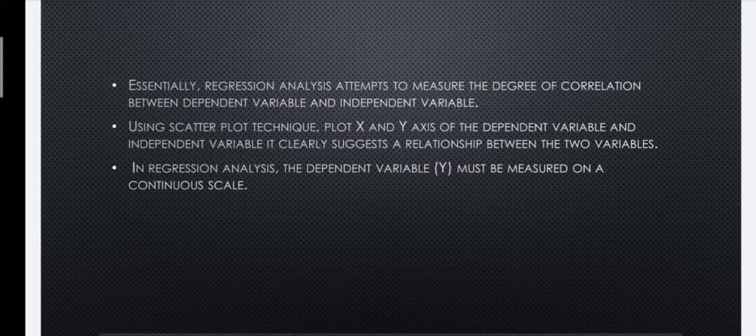Tapi untuk X boleh. Your X can be dipanggil boleh jadi dummy variable. Your X, let's say gender kan. So gender boleh jadi X lah. Kalau Y tak boleh jadi Y. Your gender cannot be Y. Gender can be X. Sebab apa? Y kena should be continuous scale.